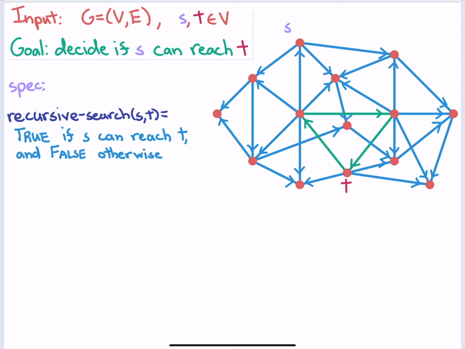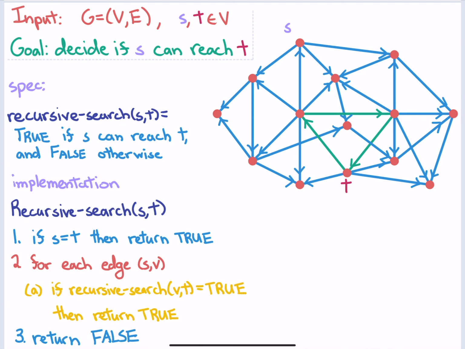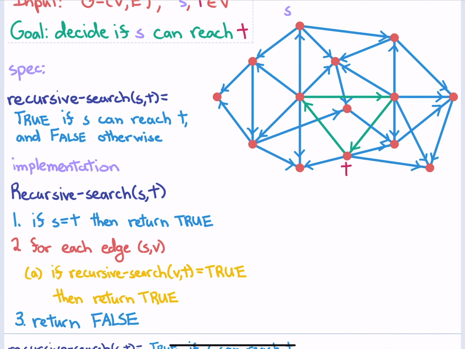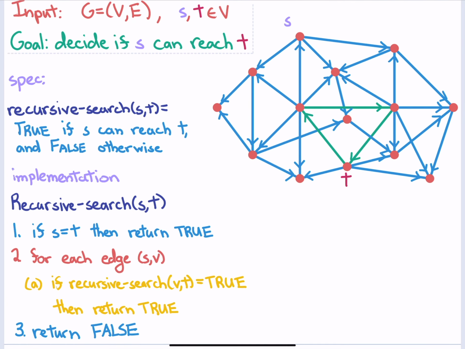So here's a reasonable sentence. I wrote recursive search S T. It'll be true if S can reach T and false if not. It seems sensible. And in the implementation, there's nothing special going on here.